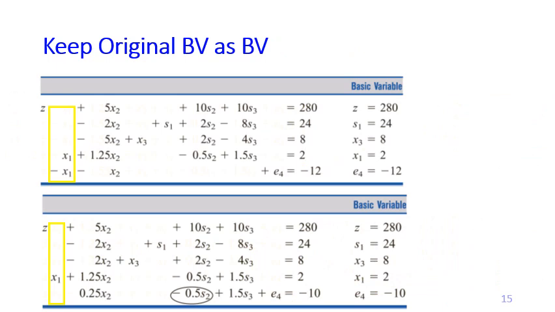So in the old optimal table, x1 is a basic variable. So in our new table, after we append the constraint, x1 must also be the basic variable. So how can we do the correction from here to there? What we want is to make the column of x1 becomes canonical.